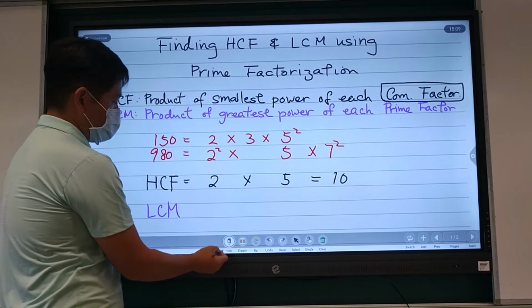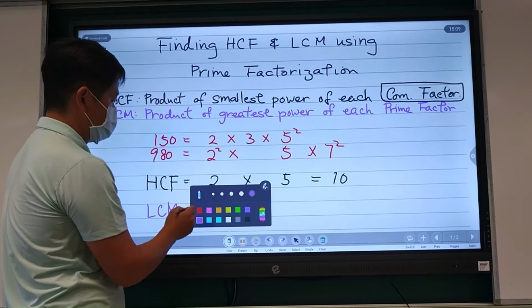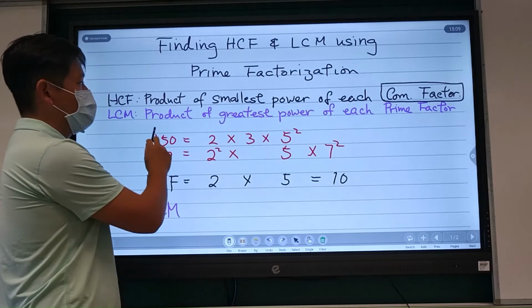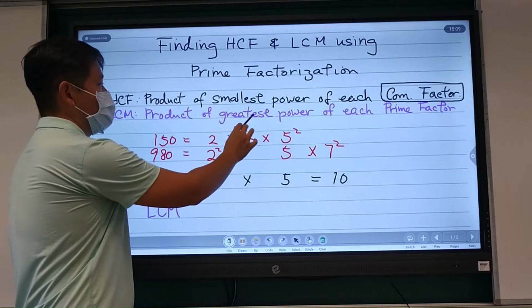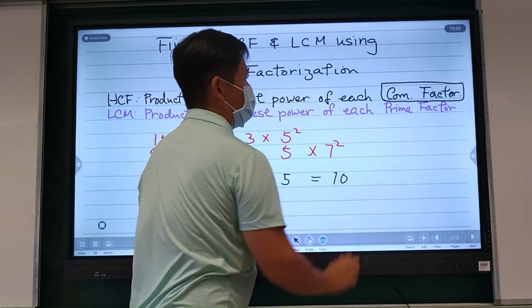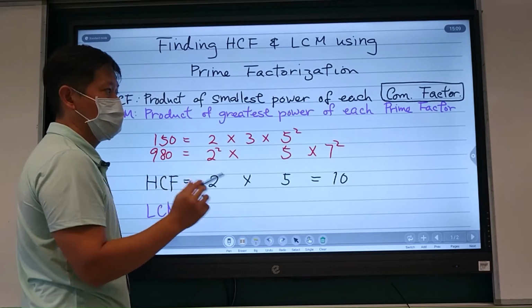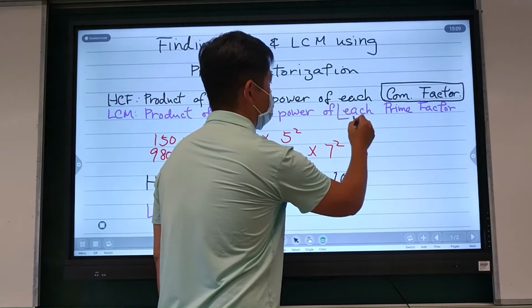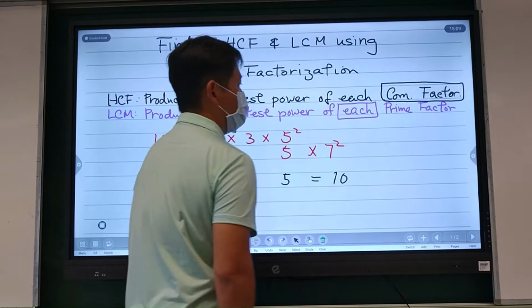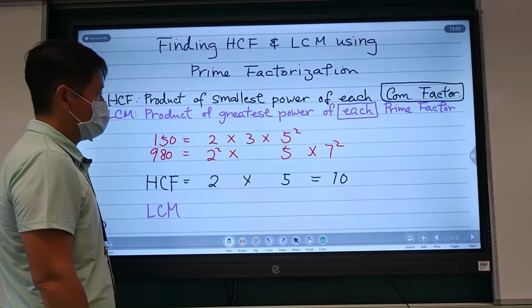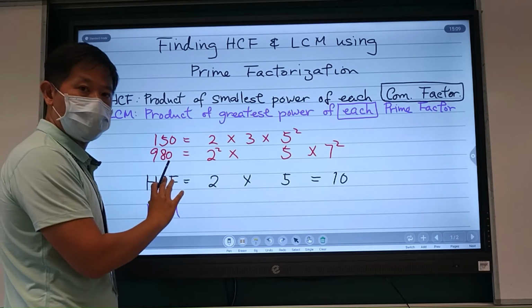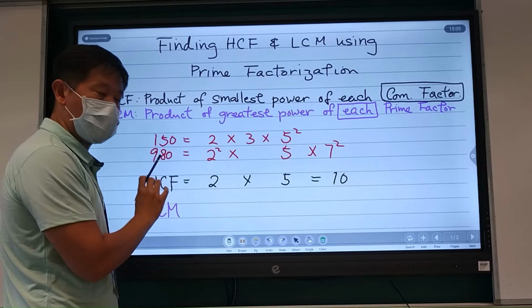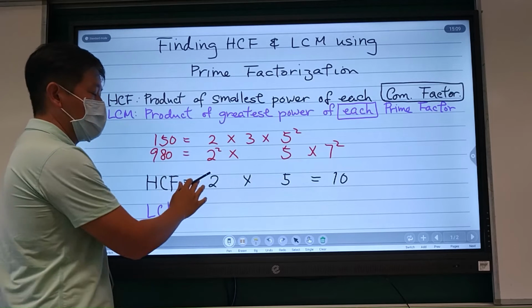How about the second part? LCM, let's change the color to purple. LCM says product of greatest power of each prime factor. Did it say common? No, it says each. So I don't need to compare the common factors.